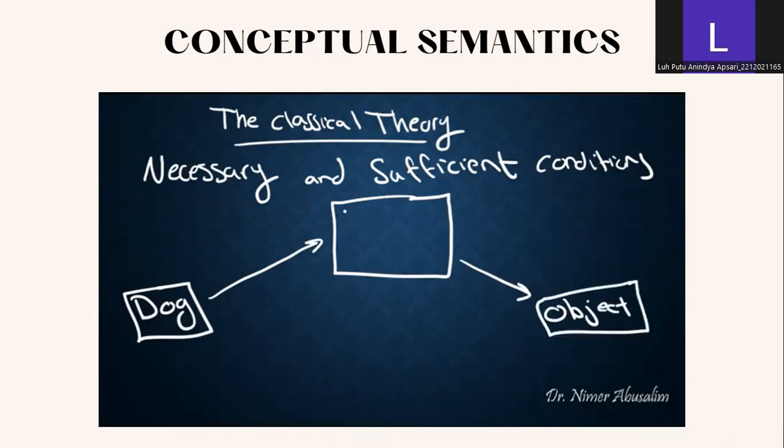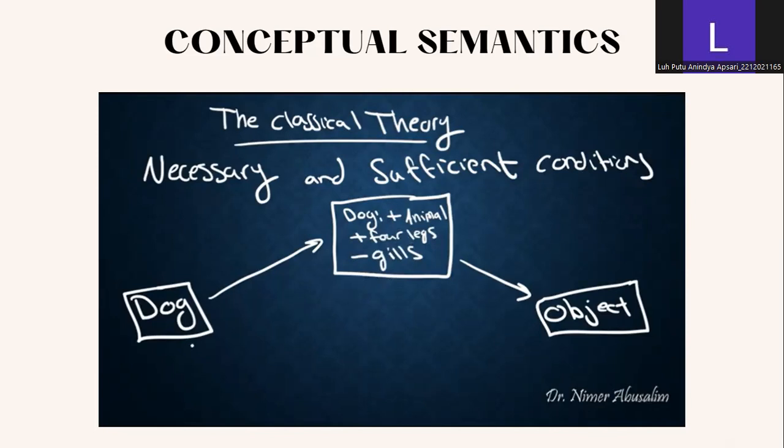This list of conditions may be something like this. A dog must be plus animal, plus 4 legs, minus gills, for example, that it doesn't breathe underwater. Okay, so this is just an example, but that's basically how it would go.